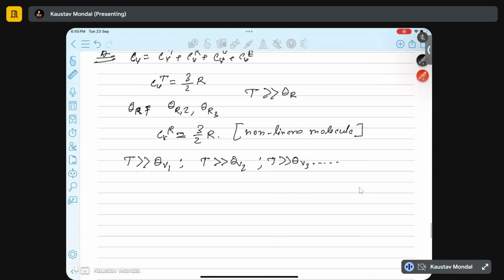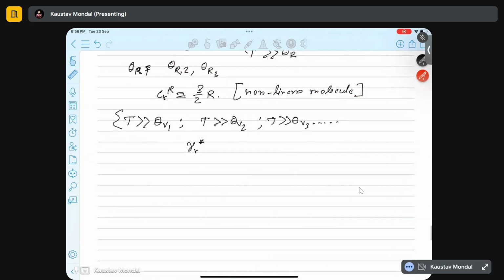The temperature should be higher than all their related characteristic vibrational temperatures. If this is true, then we can consider all the modes as activated, and we can take nu V star in this formula as equal to 1. That makes C_V,V equal to R.